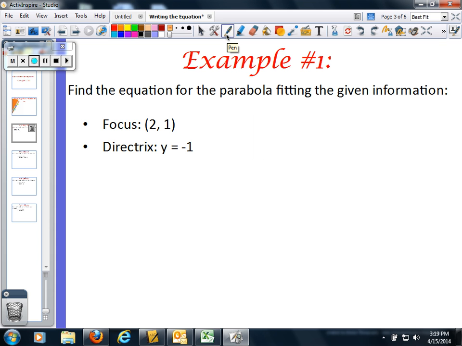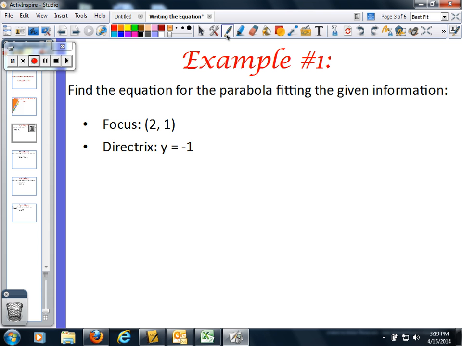So, we're going to take the information we know, alright? Let me go back and actually let me pull up my information here. Okay? So, the information we know is that the directrix is going to tell us if the graph is going to open up or down or left or right.